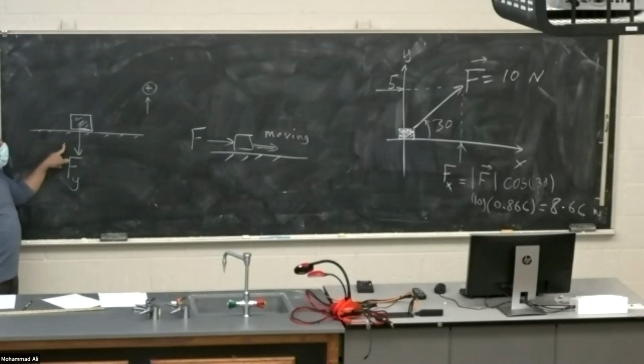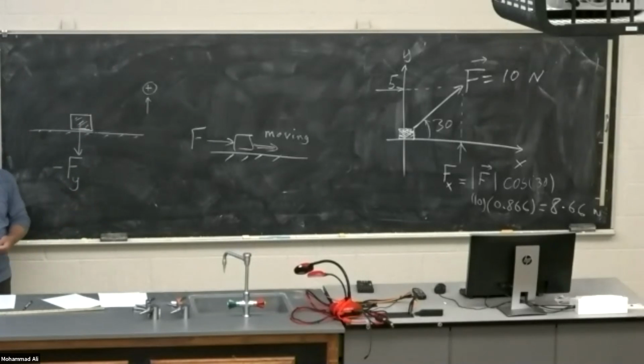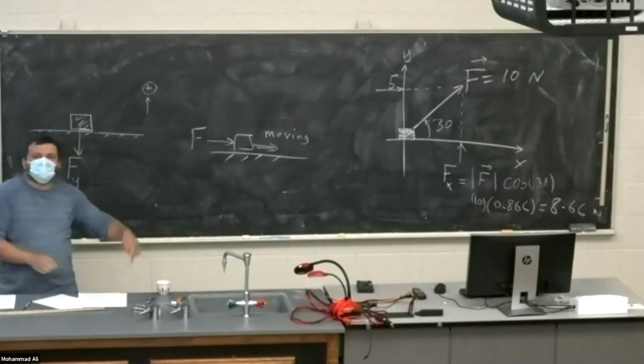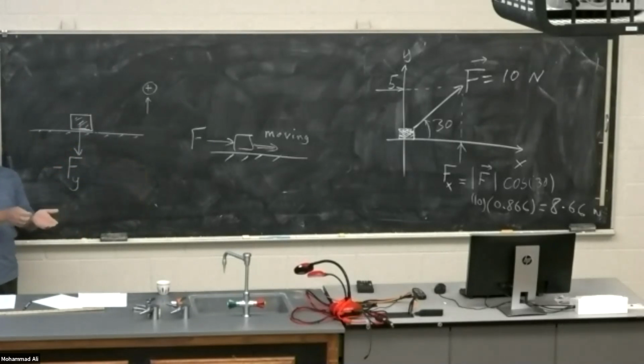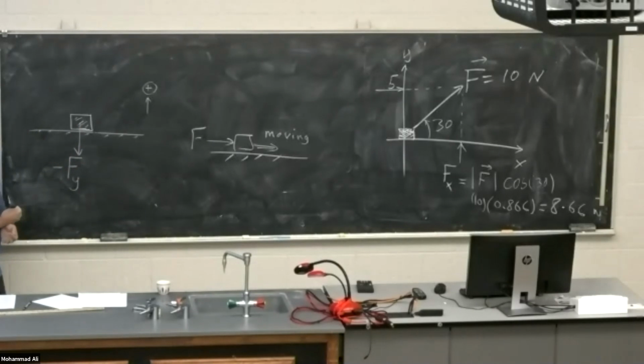Here, I have a force on this object downward. For example, this is the eraser. All of you can see it. And this is my coffee cup. There is a force downward. Why does this mass or me or you not go downward?